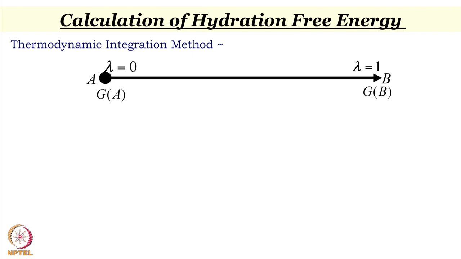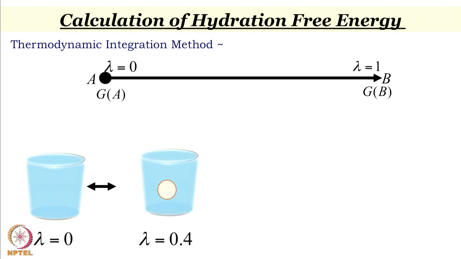See, for example, suppose I have a methane molecule, we know that there are 5 sites in it, 1 carbon and 4 hydrogens. So, when they do not interact with the solvent, that lambda is 0, and if I suddenly put lambda equal to 1, there will be a lot of repulsion and the system will not like it very much. Therefore, what we do, say lambda equal to 0, no interaction.